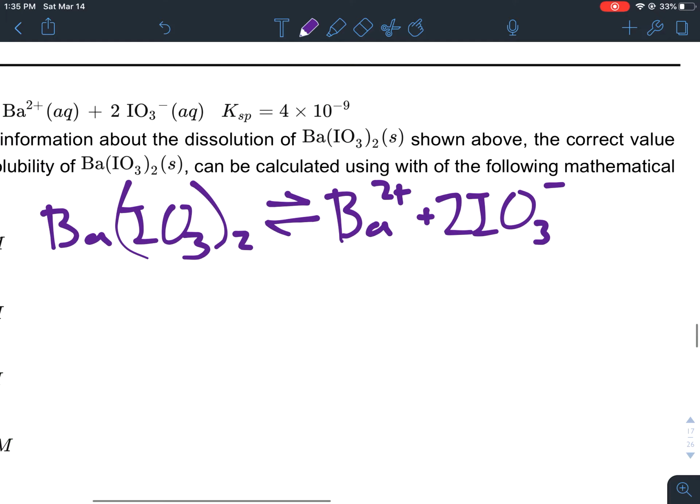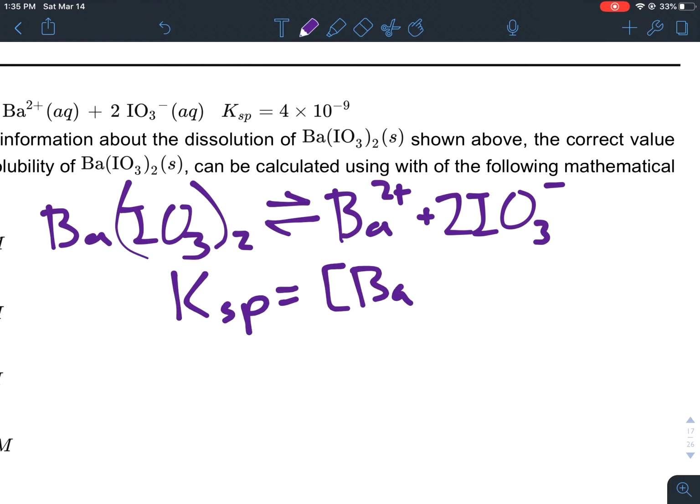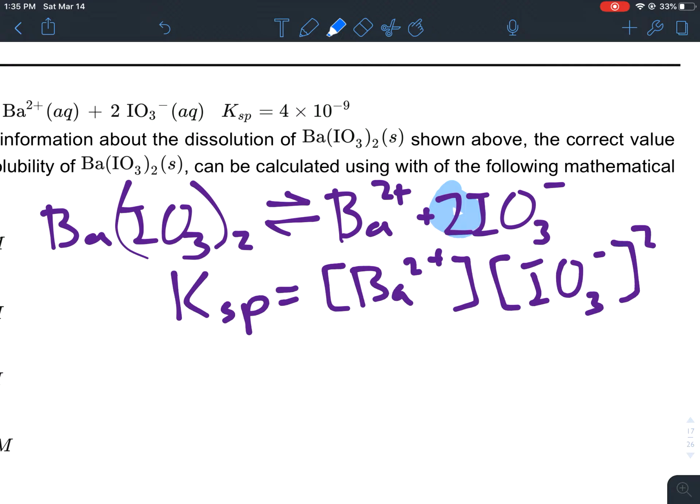Now your Ksp is equal to the concentration of your Ba2 plus times the concentration of your IO3 minus squared. But look, this 2 coefficient does that, but it also does another thing.